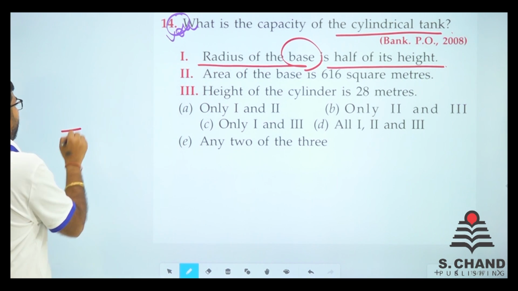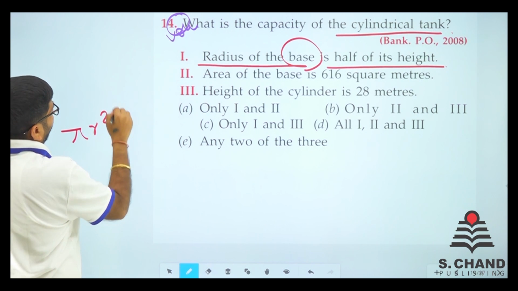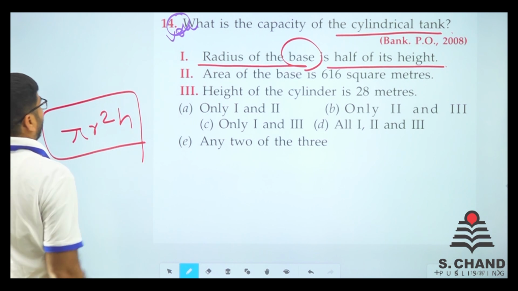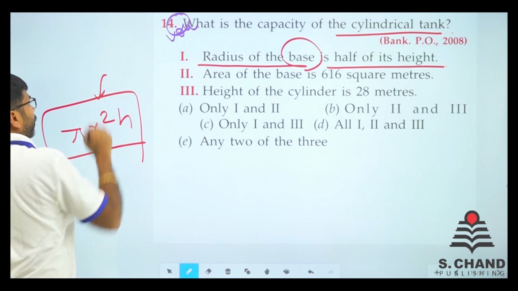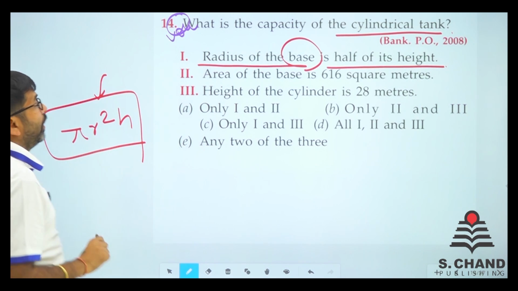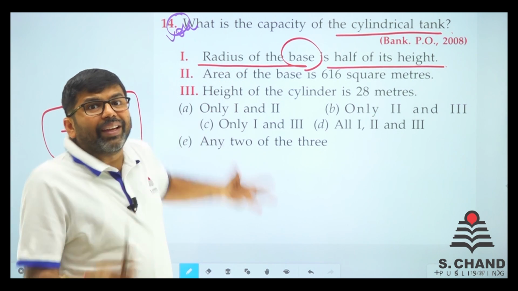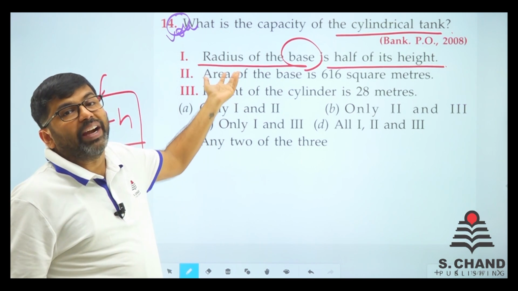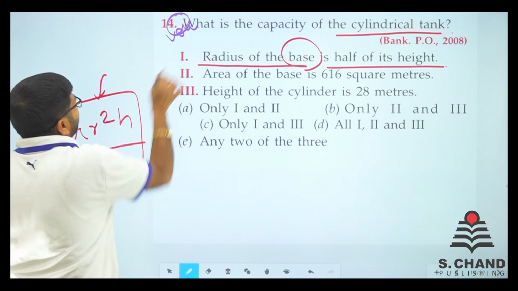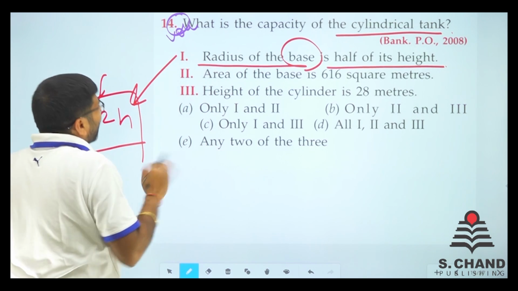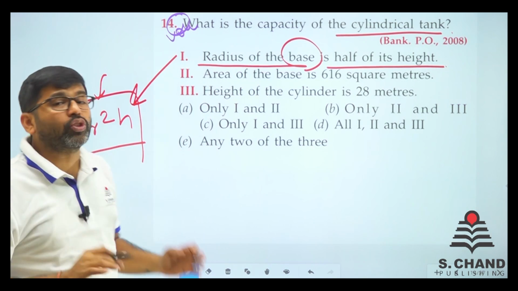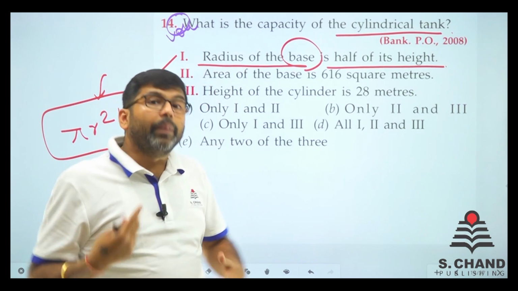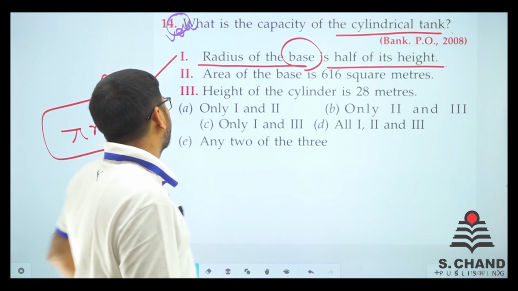See, pi r square into h is the formula of volume. So radius is half, okay, but nothing is given. Neither the radius nor the height is given. So still we can't say, because if even one of h and r is given, then we can find out. So for now let's leave this.